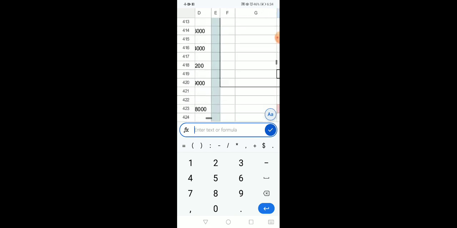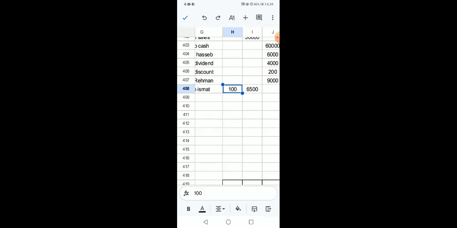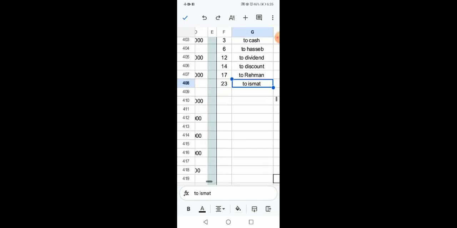It was 100. So you may write the same line. You can write 100 rupees in the same line, because for 6,500 and 100 both reference was same, Ismat, and date of both elements was same, which is 23. So you may write both amounts in the same line. 23rd entry was having two elements, cash and discount. Both have been posted. 23 is completed. You may mark it as it has been done.